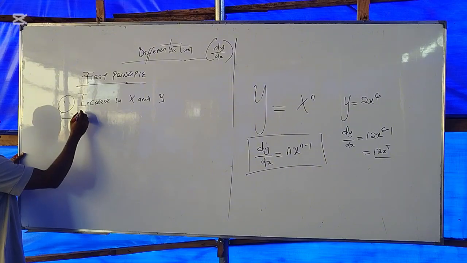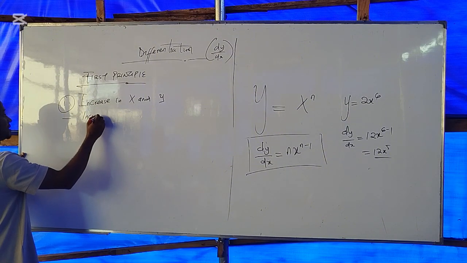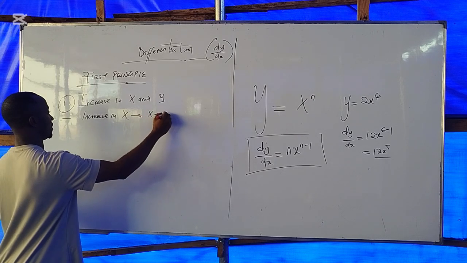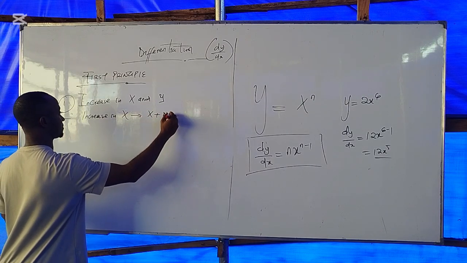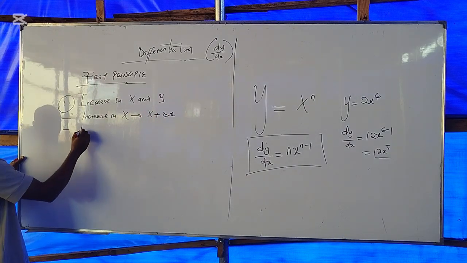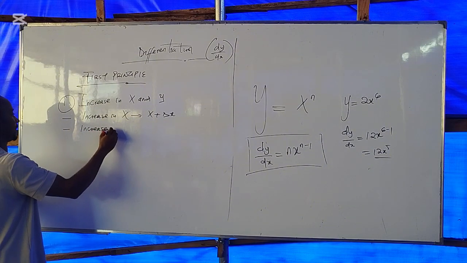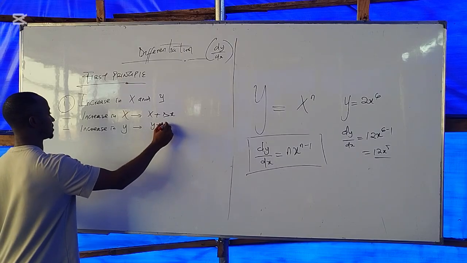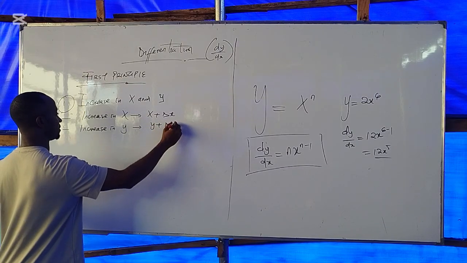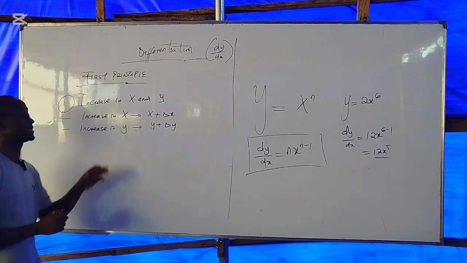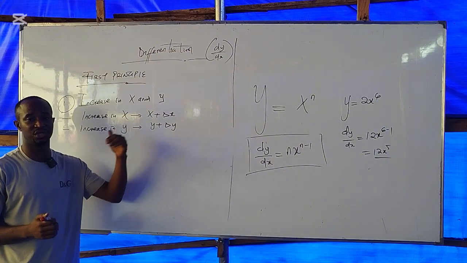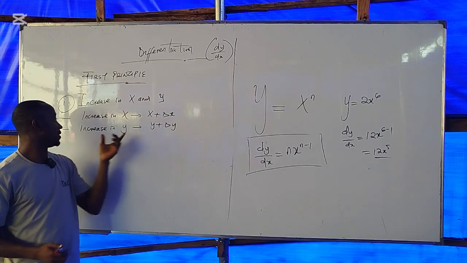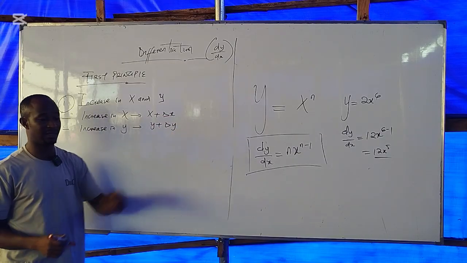This increase in x represents x plus delta x, and increase in y means y plus delta y. So if I increase x, it means I'm adding a little change in x, meaning x plus delta x.